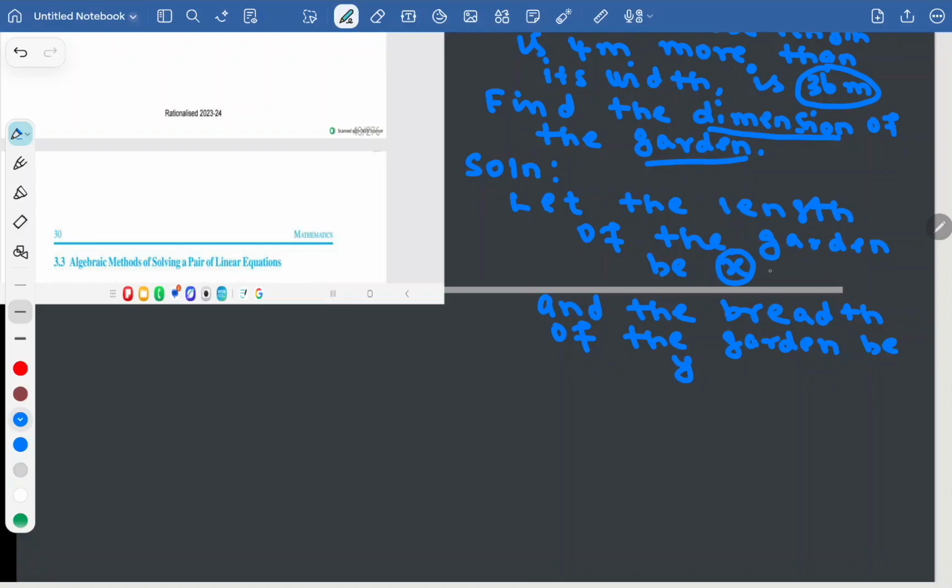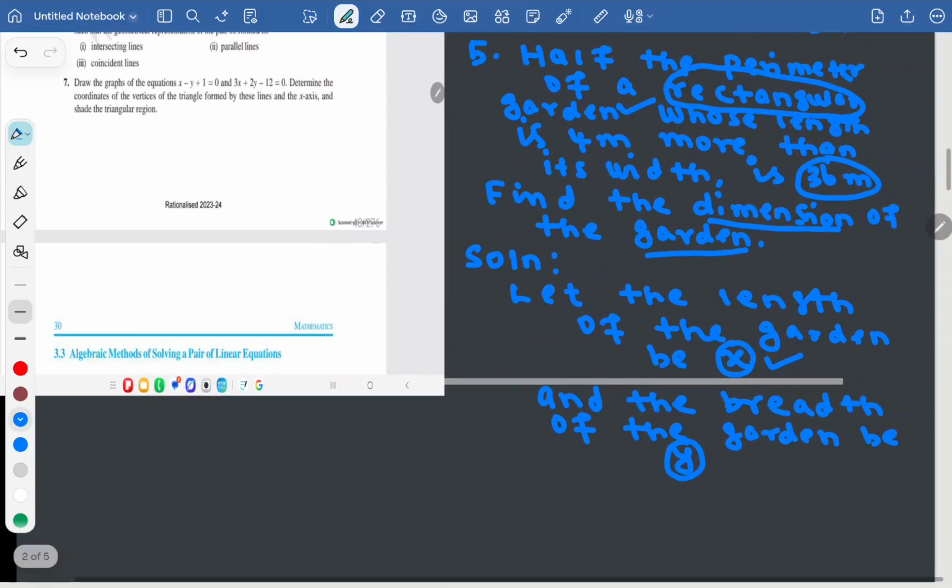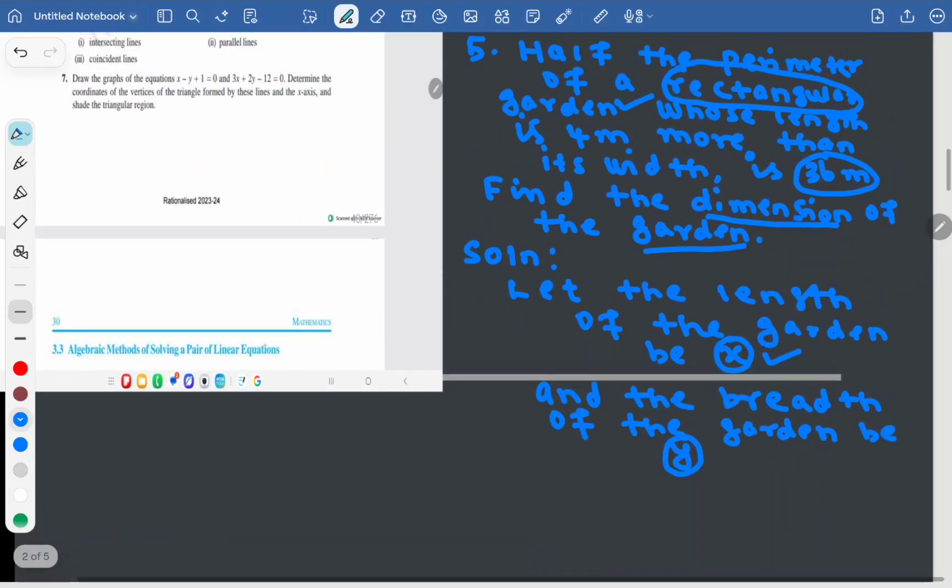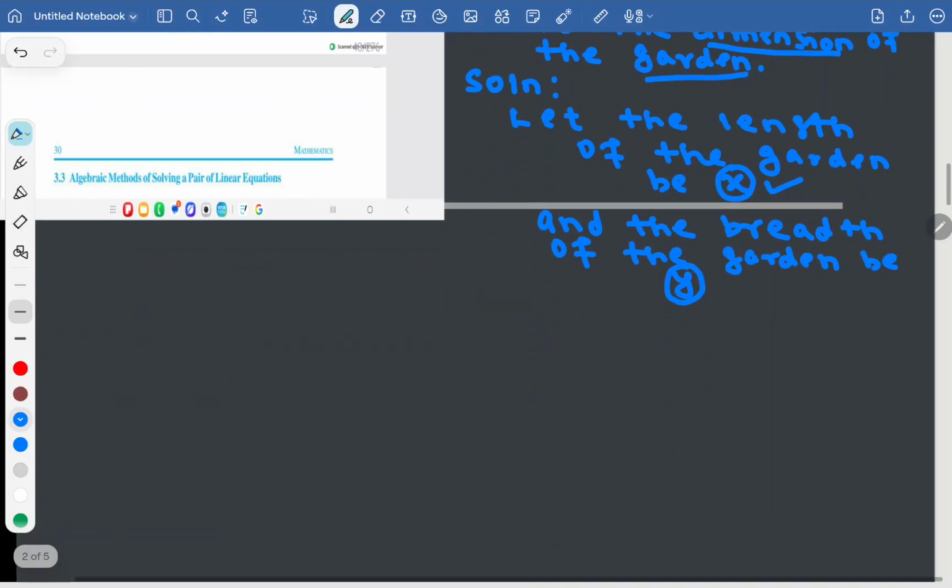Length of the garden is taken as x, breadth of the garden is taken as y. First information, perimeter of the rectangular garden is 36.